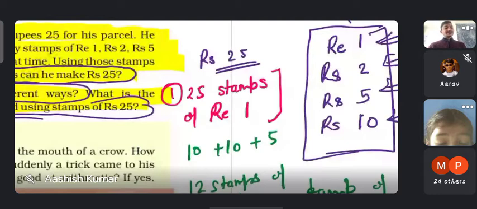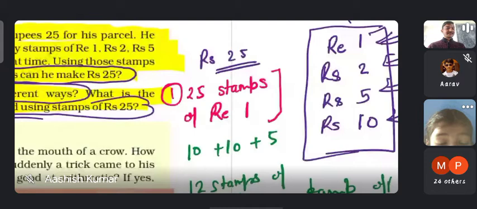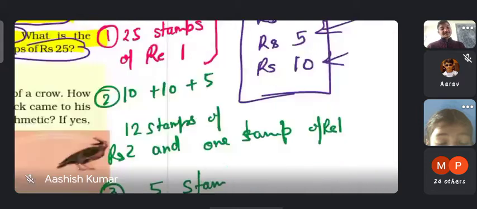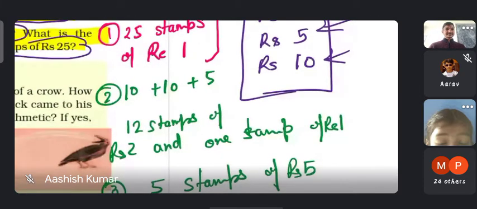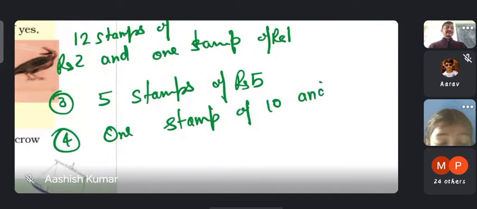The third one is you can use 5 stamps of rupees 5. You can use 1 stamp of 10 and 3 stamps of 5.